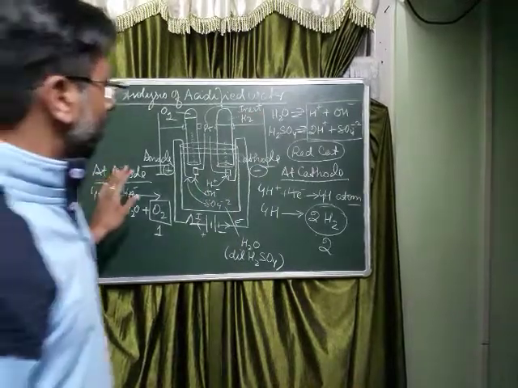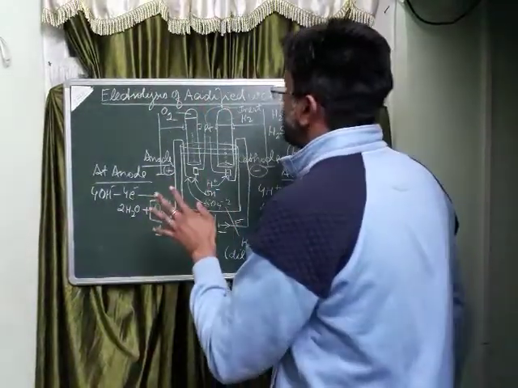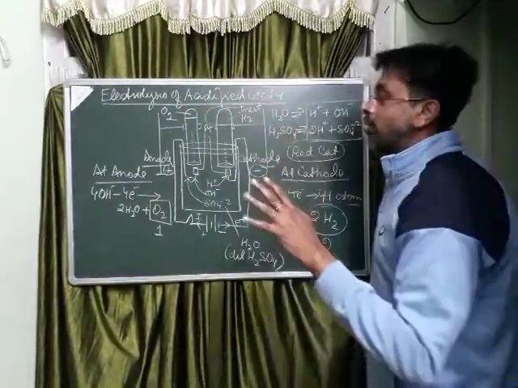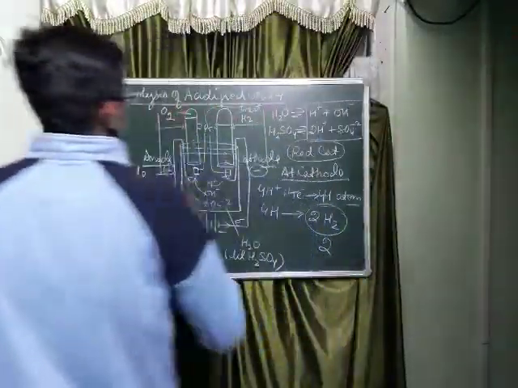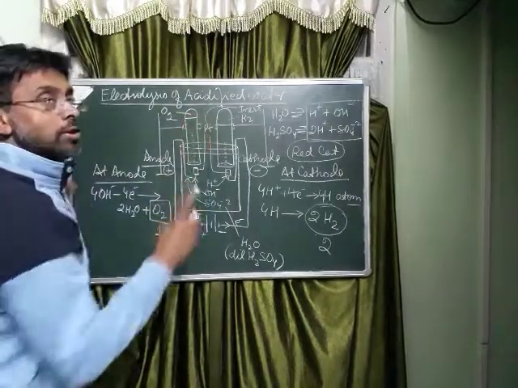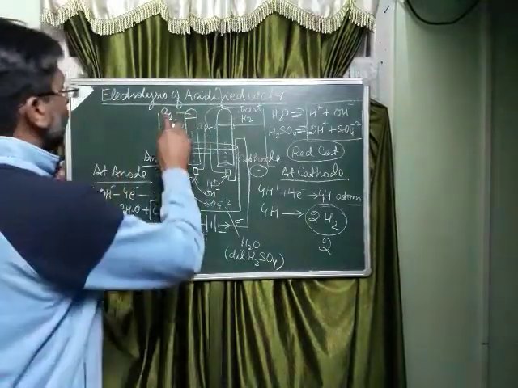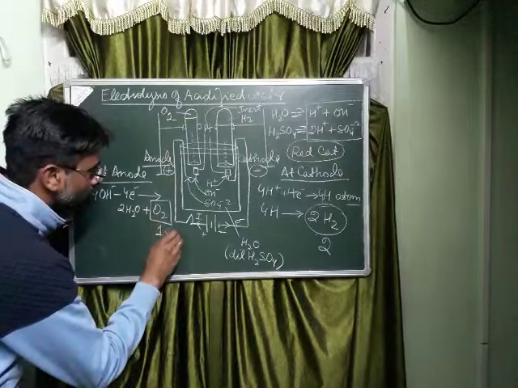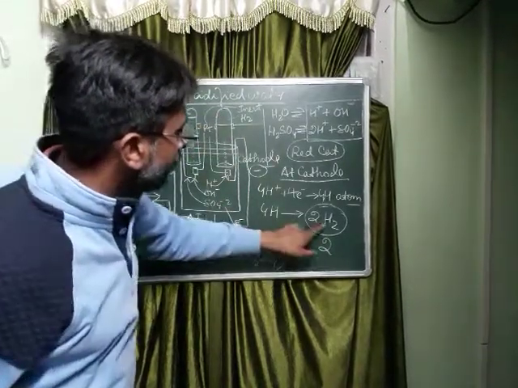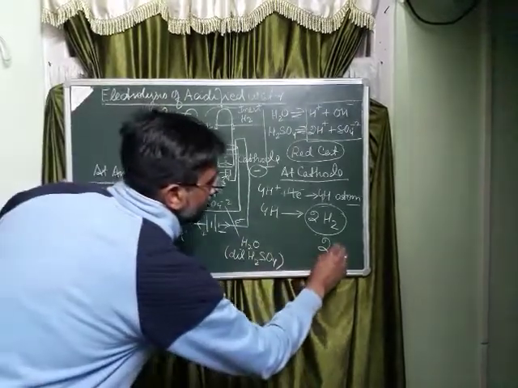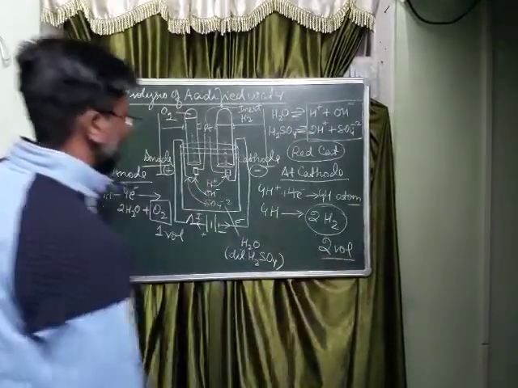Now, when sufficient electrolysis of acidified water has been carried out for quite some time, we will notice that the volume of oxygen gas formed is 1 volume. This is 1 volume over here. And the volume of hydrogen gas formed over here is 2 volume.